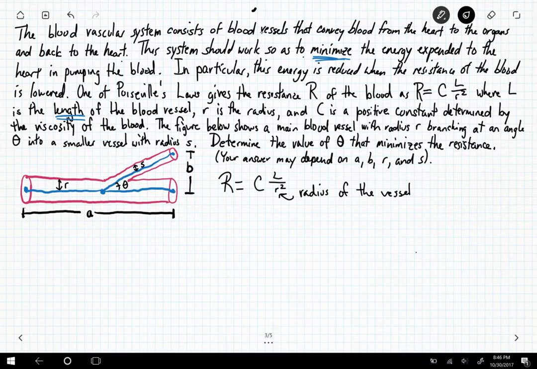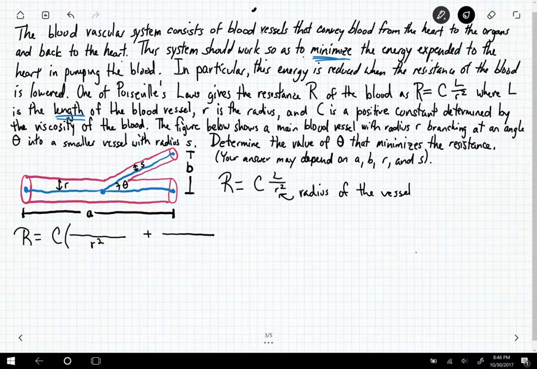Okay? So we want to minimize the resistance going up this blood vessel. So how do we do that? Well, first off, the C is going to be pretty much consistent throughout. So we have R equals C times this whole quantity, and let's talk about that a little more. We have R squared appearing on the bottom in the first case, right? Because that's the radius of the first vessel. But then we're also going to have to calculate another vessel. The first one is with the R squared.